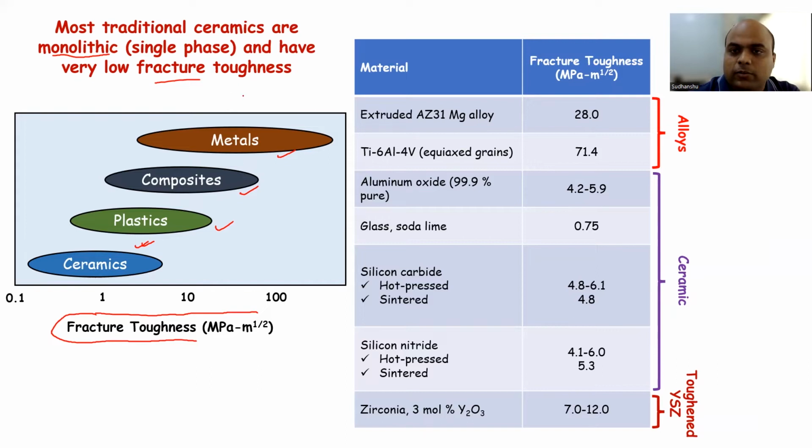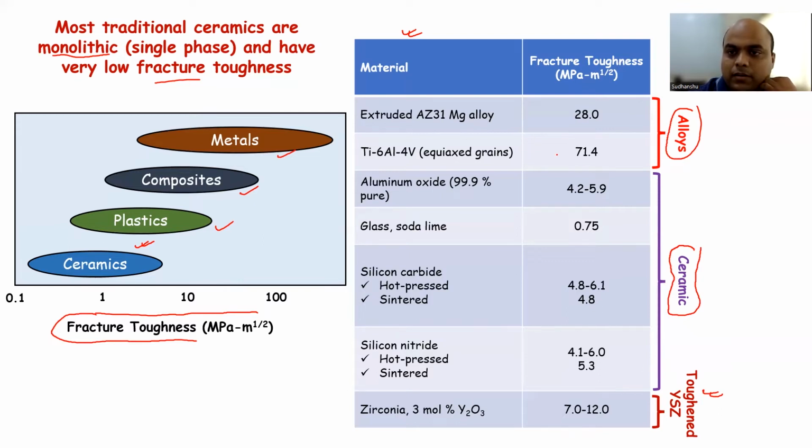On the right side here, I have listed fracture toughness values of some of the materials. You can see alloys, monolithic ceramics, and then toughened YSZ. We'll discuss later how we improve the toughness in ceramics, and there we'll discuss YSZ, which is yttria stabilized zirconia.